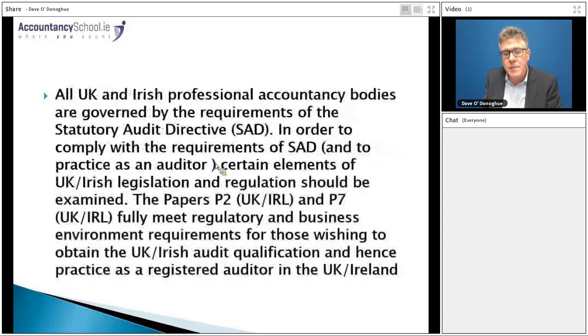It's a requirement under UK and Irish law that if you're going to be given an audit practicing cert under either Irish law or UK law, you must have studied the accounting standards and the auditing standards of either Ireland or the UK. So there is extra work involved in that. You must already have taken on P2 Irish, and now you would consider taking on P7 Irish as well. The majority of students will take P7 International.